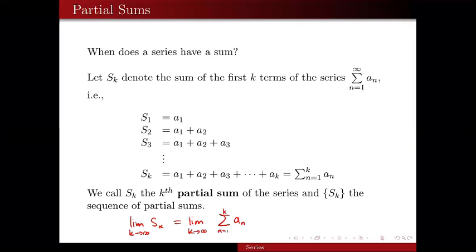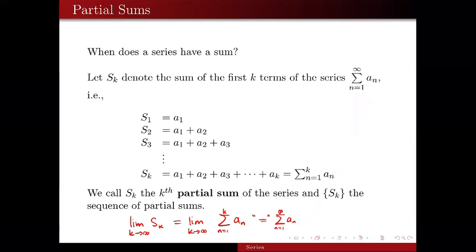And this guy here, if you let your k approach infinity, this could equal the sum from n equals 1 up to plus infinity of a sub n. So now we are back to this guy.